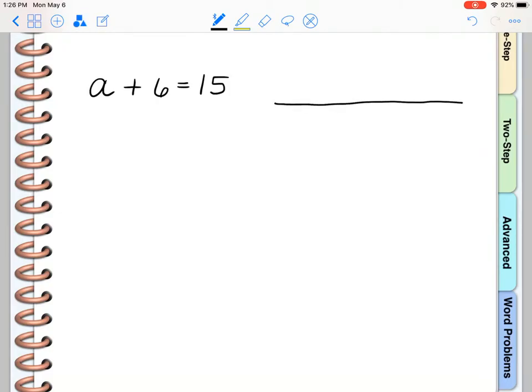So I want you to draw the horizontal line and the vertical line. This T-chart will solve any problem that you're going to find. And here's how it works. On the left side of the T-chart, you're going to put the left side of the equal sign.